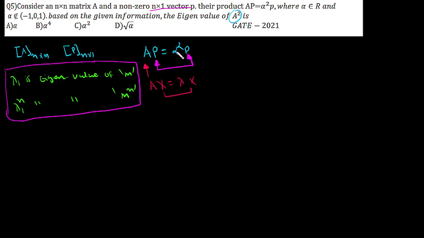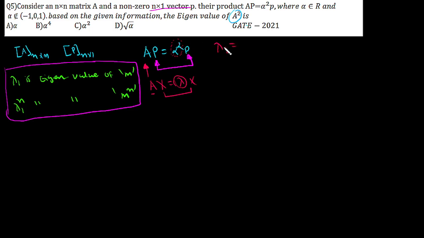So we can compare alpha square with the scalar, and this scalar is the eigenvalue of matrix A. So one of the eigenvalues of matrix A, let's call it lambda 1, is simply this scalar, which is alpha square.